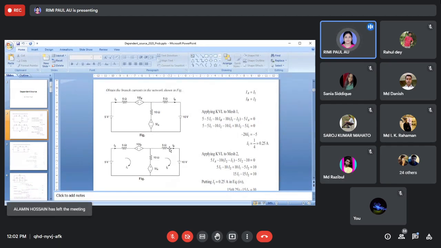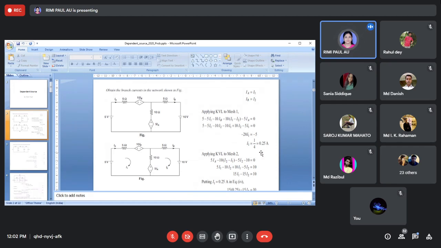Now if I apply the nodal method, what will I do? Here I will take the reference. Here one voltage V minus 5 plus 10 IB. Why? Because with respect to V, I can see it's a plus and I can see it's a minus. So V minus 5, and here I can see it's first the minus, so plus 10 IB by 5. So write down this nodal equation, solve this problem and tell me the answer.